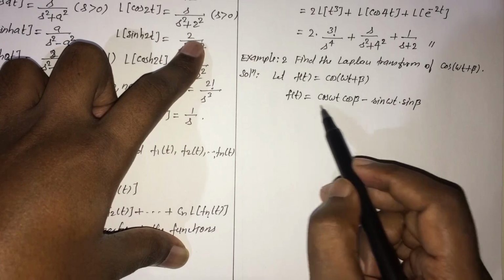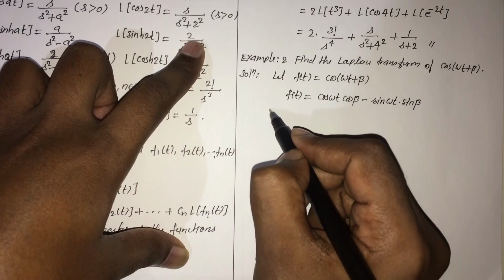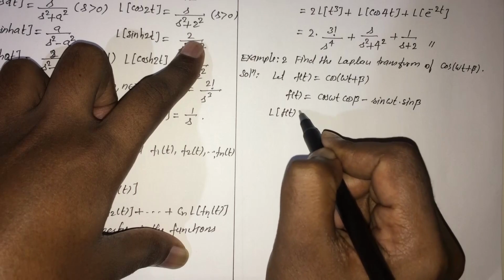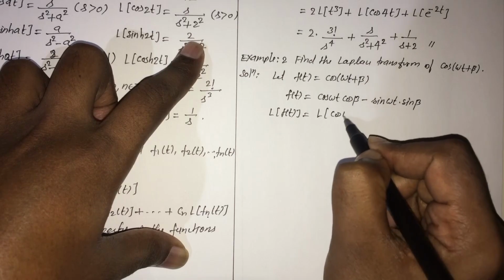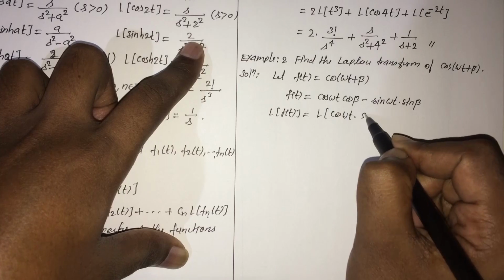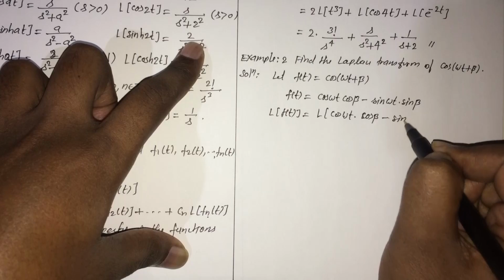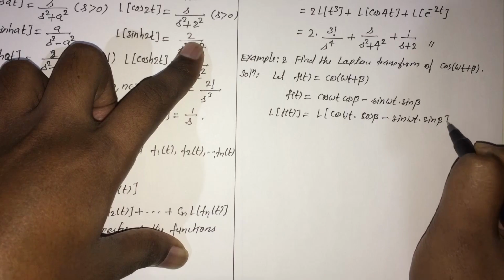Now we can apply the Laplace transform on both sides. So applying Laplace transform on both sides, this becomes L of f of t equal to L of cos omega t into cos beta minus sin omega t into sin beta.